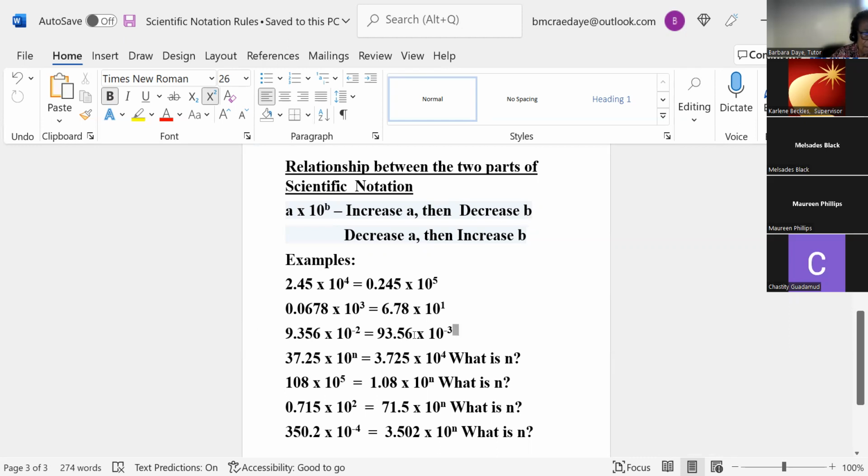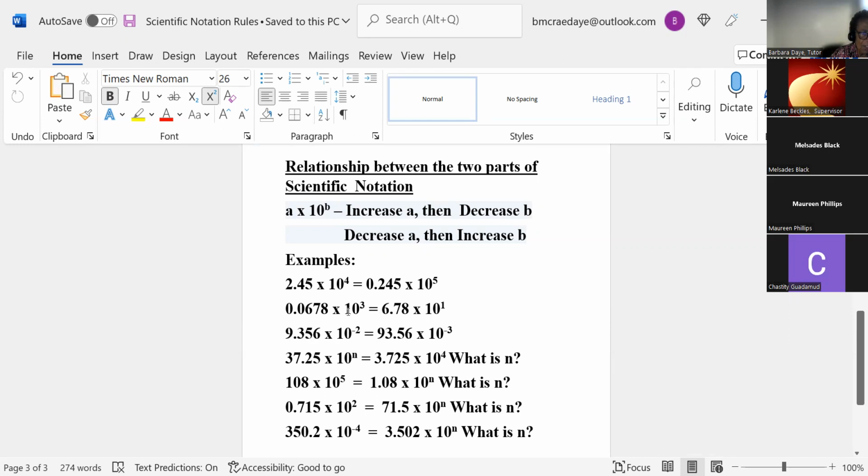What's bigger, 9 or 90? 90. So what is bigger, a 9.3 or a 93? 93 is bigger. Okay, so if I'm going from 9.356 to 93.56, that's an increase.